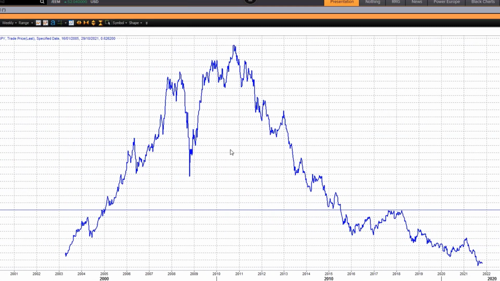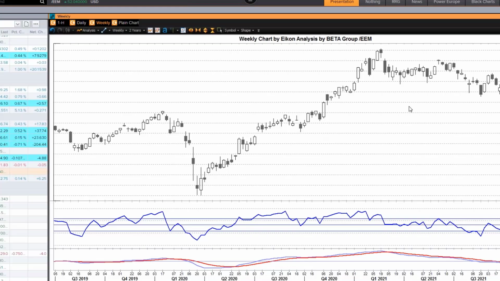And since the MSCI created the index in 2003, we're at a new all-time low. So the heyday of that was back in the 2010s, and then since then it's continued to underperform. I think it's still continuing to underperform in the short term, but of course there are ups and downs in all that. Let's go back to the absolute chart now of it.